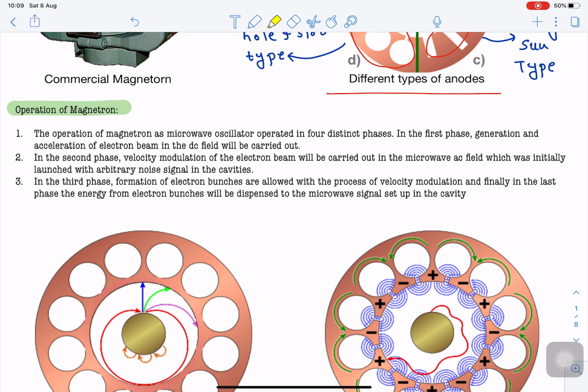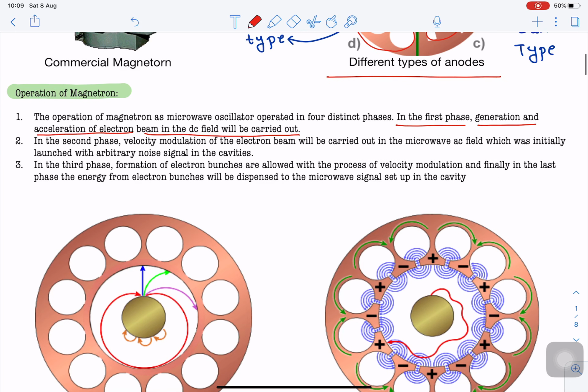In the first phase, the generation and acceleration of an electron beam in the DC field is carried out. Our aim is to generate a continuous high frequency microwave source from this magnetron tube, and this entire operation is carried out in four different stages or steps. The very first step is the generation and acceleration of an electron beam by using a DC field.